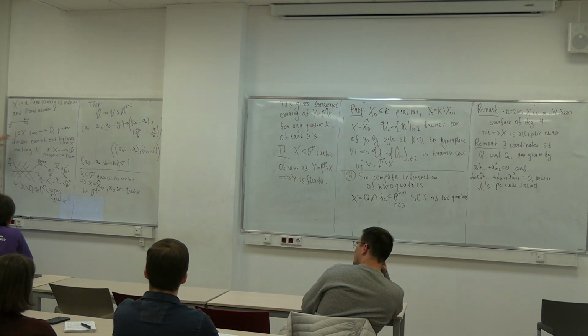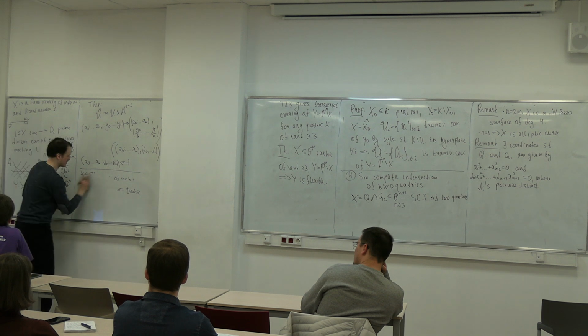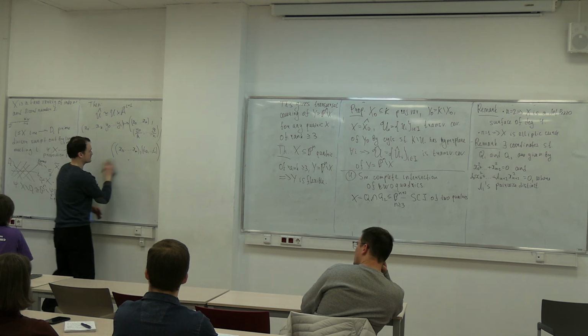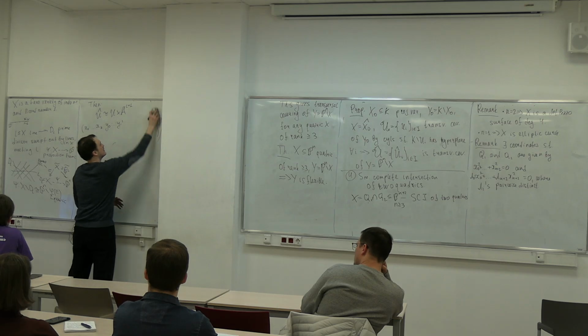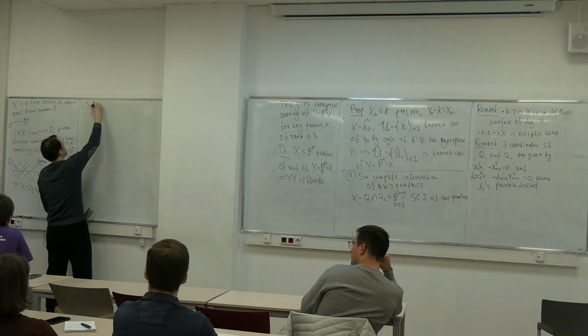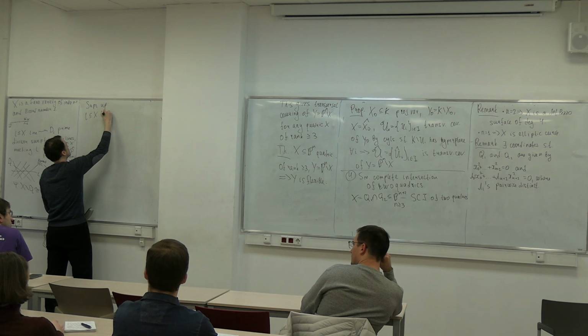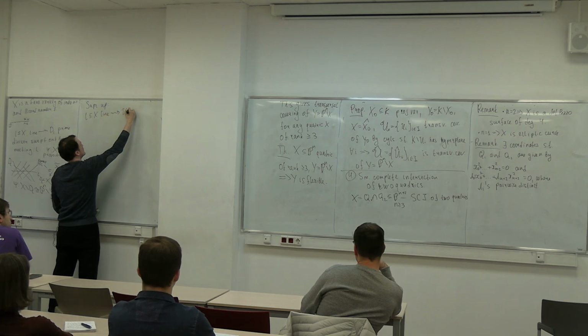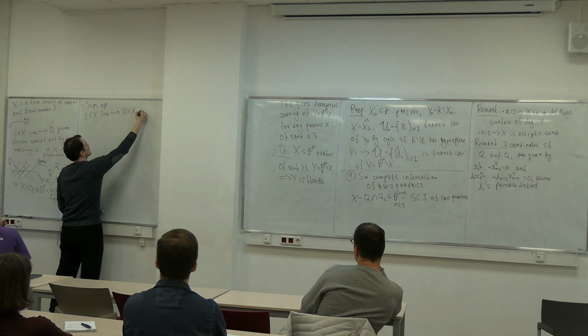So to sum up, given a line, you obtain an open subset in X, which is isomorphic to a complement of a quadric. So L inside of X, a line, gives you U inside of X, open.